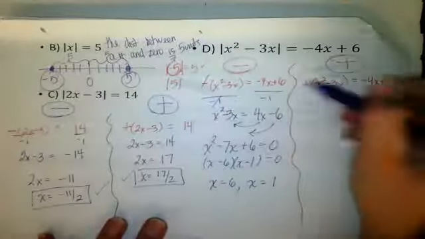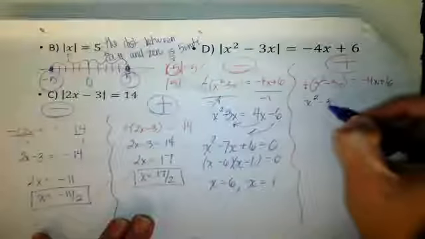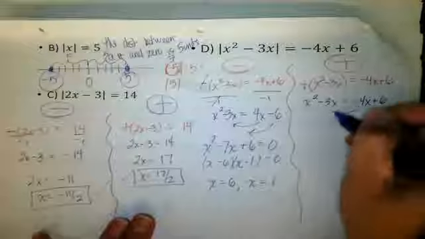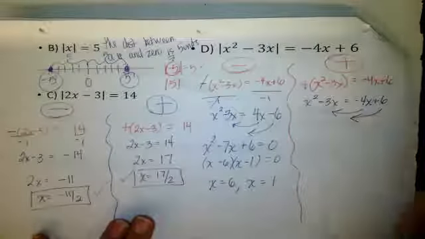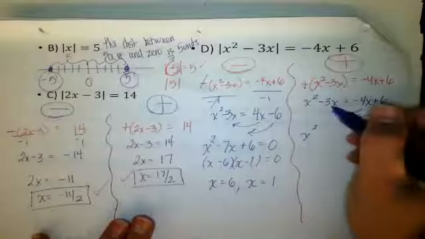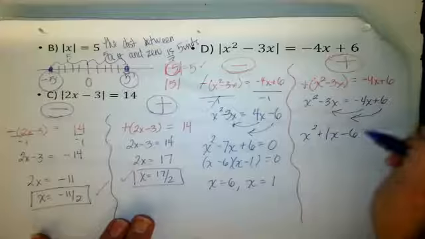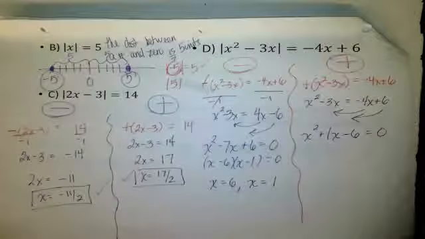On the right-hand side, that positive, essentially I just solved the equation. Doesn't change anything, but again, I am going to move everything over to one side, which means I'm going to add the 4x. That's going to put me at +1x, and subtract the 6. I love this problem. This is a great problem.